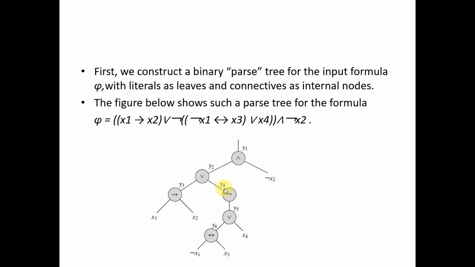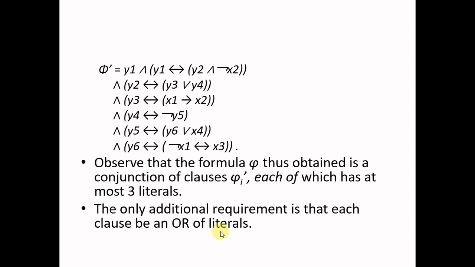Then y3 if and only if x1 implies x2. Then y4 is negation of y5. Then y5 is y6 implies x4. Then y6 is negation x1 if and only if x3. Like this you can write this formula.